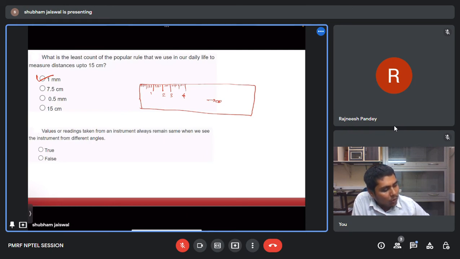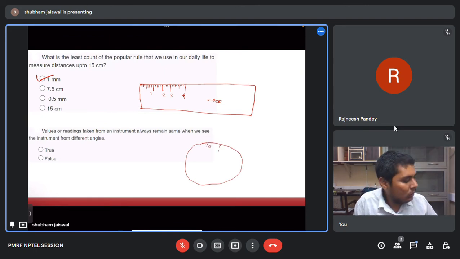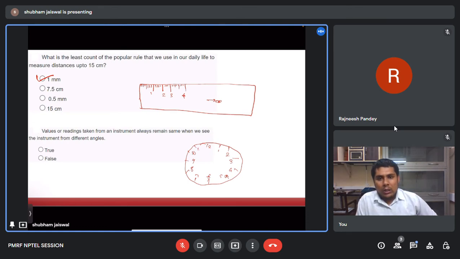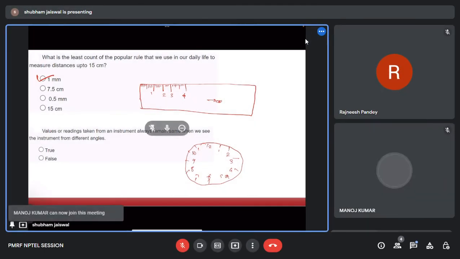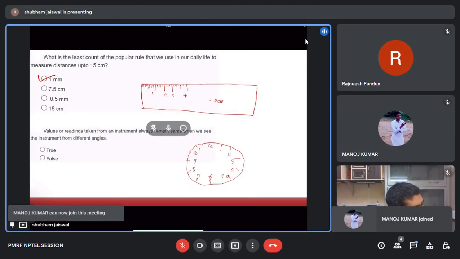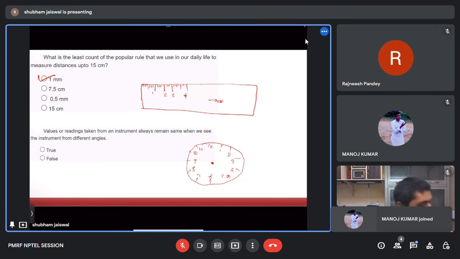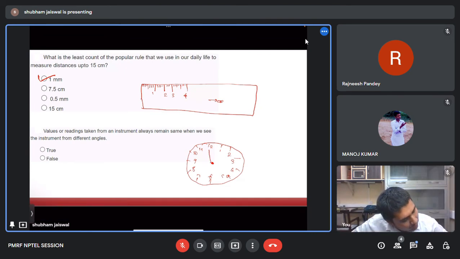Let's consider our watch. Suppose the minute hand is at 12.